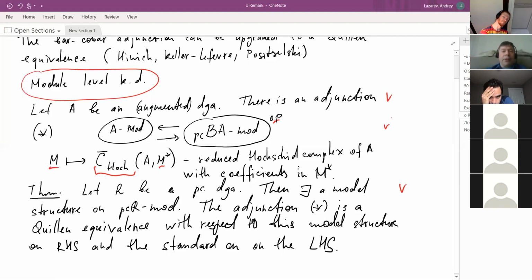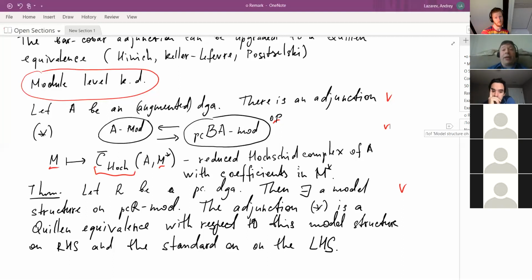In fact, there is a model structure on all pseudo-compact R modules, irrespective of whether it's a bar construction or not. And under this model structure, this adjunction becomes an equivalence with the standard model structure on the left-hand side.